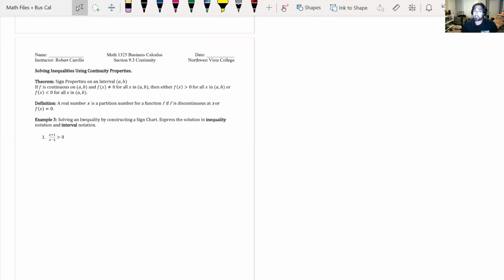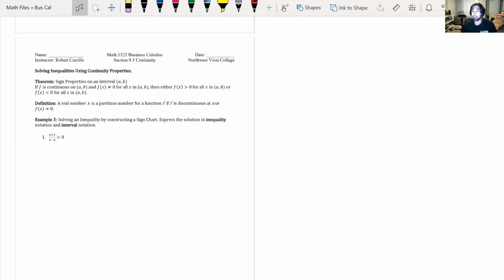It says, the first theorem says, if f is continuous on some open interval ab and f of x does not equal 0 for all values of x in this open interval, then either f of x is greater than 0 for all values of x in this open interval, or f of x is less than 0 for all values of x in this open interval ab.